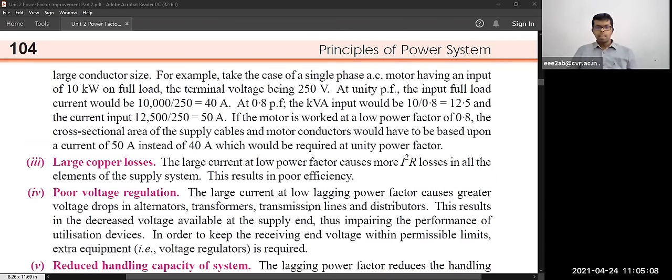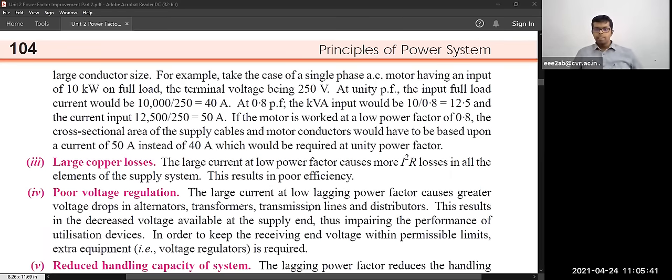Poor efficiency in the sense, imagine your transformer is not maintained. The efficiency of a general transformer should be around 99 or 100 percent, but in practice, due to some losses, iron losses and core losses in the transformer, it will come to 99 or 98 percent. Imagine you are doing experiments in the laboratory to find out the efficiency of a laboratory transformer.